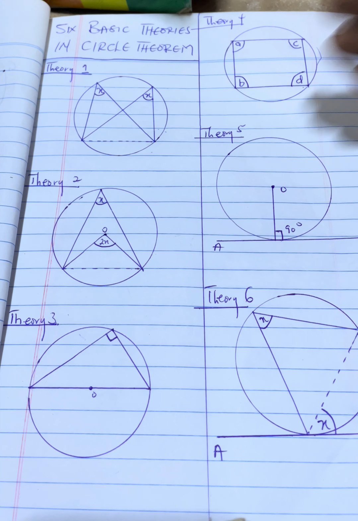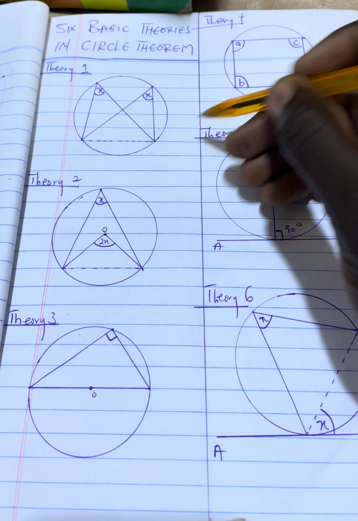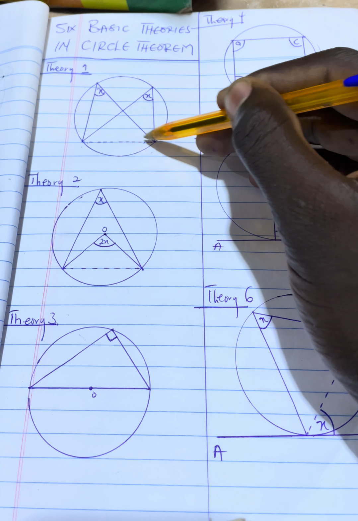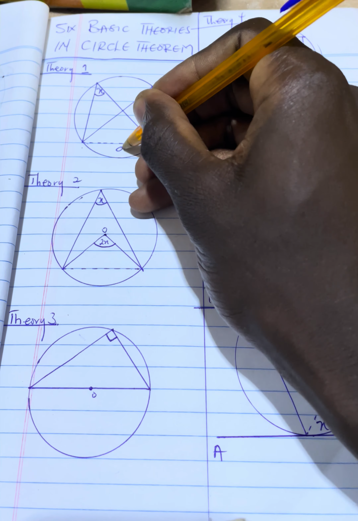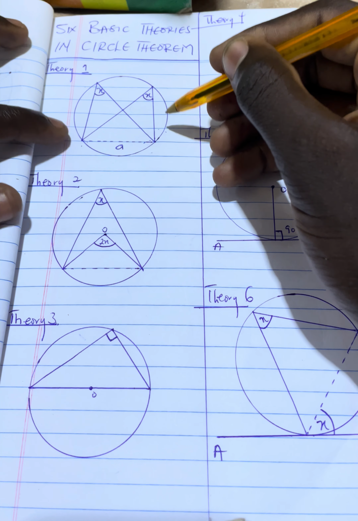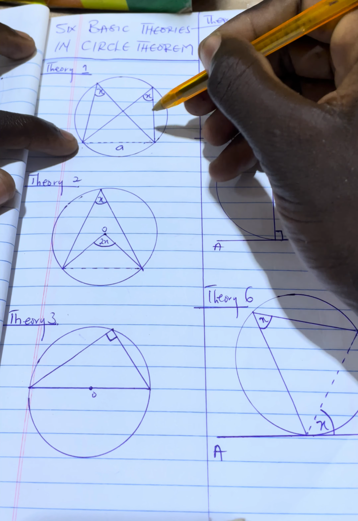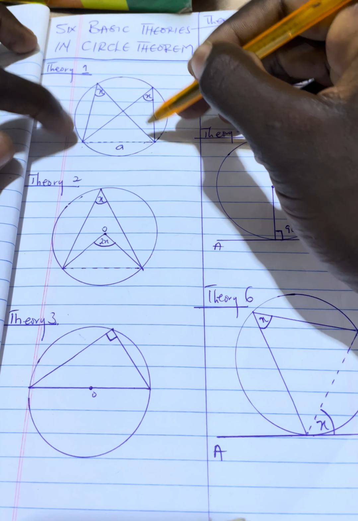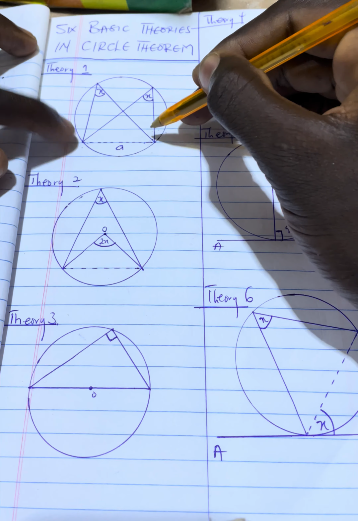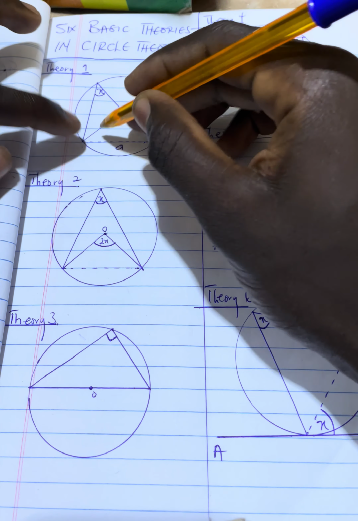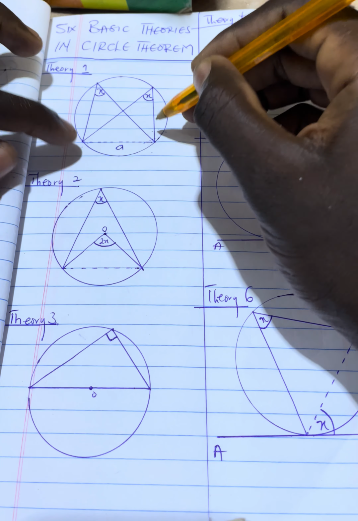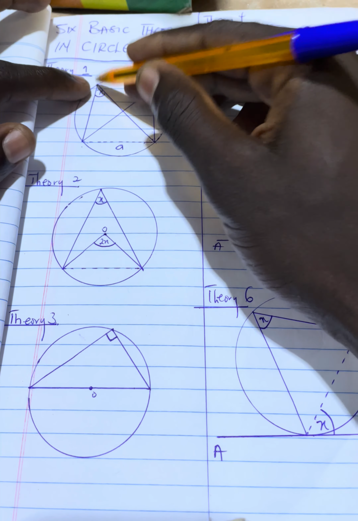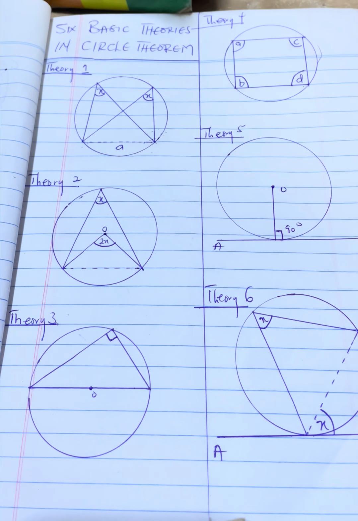The first theory says that if I have a chord, and I explained in my previous video what a chord is, let me name this chord A. Theory 1 says that any angle this chord subtends is the same as the angle it will subtend at the other side. So no matter the number of angles this chord will subtend at the circumference, all the angles are the same.